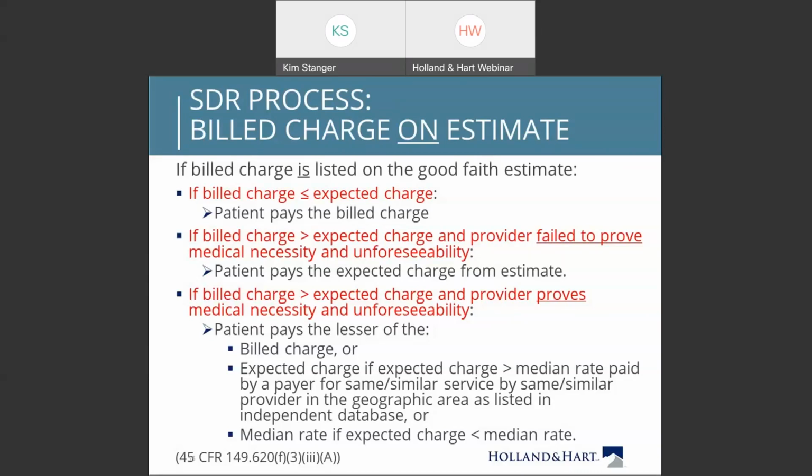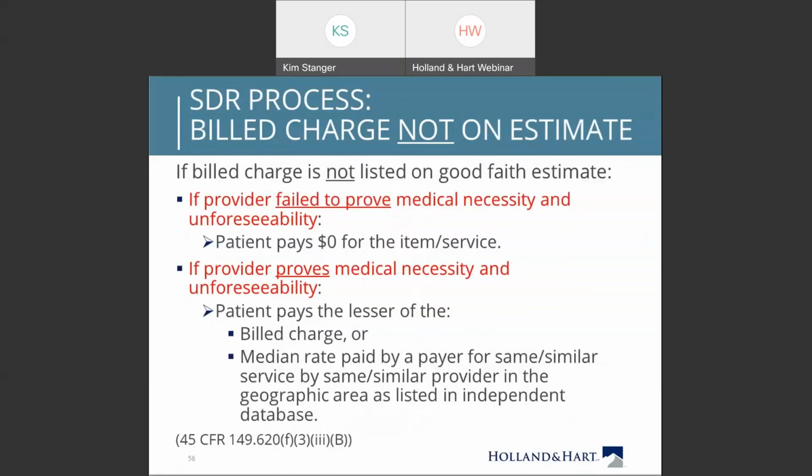Okay, so they have to pay the lesser of the billed charge or the expected charge if the expected charge is greater than the median rate paid by a payer for the same or similar service by the same or similar provider in the geographic area listed in the independent database, or if that median rate is less than the expected charge, then they would pay the median rate. So there you go. That's the way that process works to determine what the self-pay patient is going to have to pay.